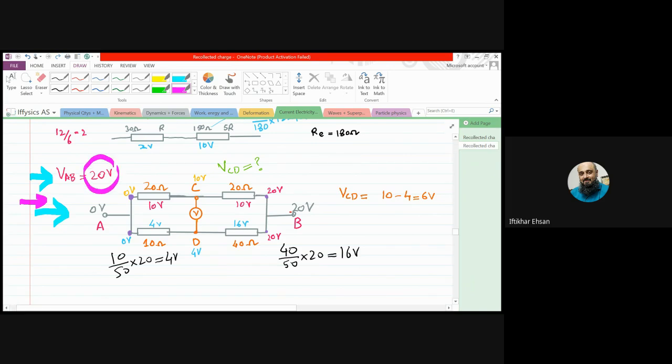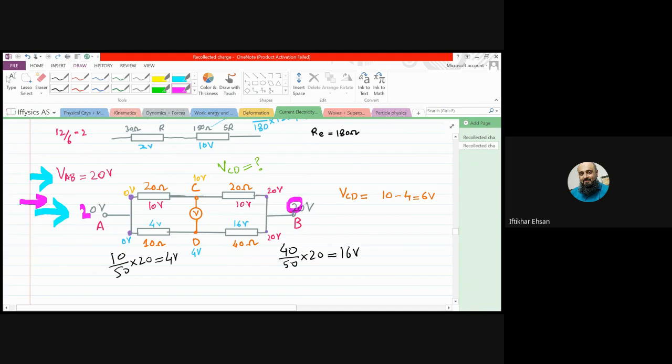So when we say the potential difference between A and B is 20, you can take either of the points A or B as 0 and the other as 20. The difference between 20 and 0 is 20 volt, right? It's not necessary to take A to be 0; you can take this to be 20 and this to be 0.